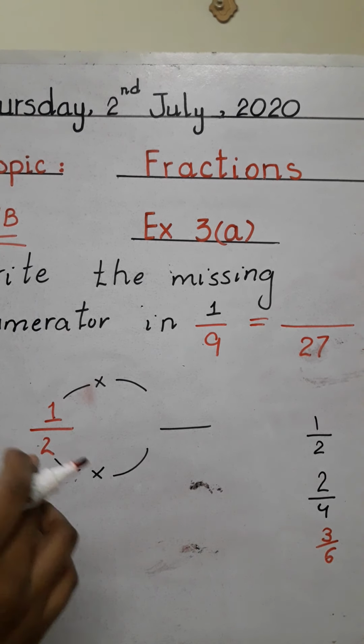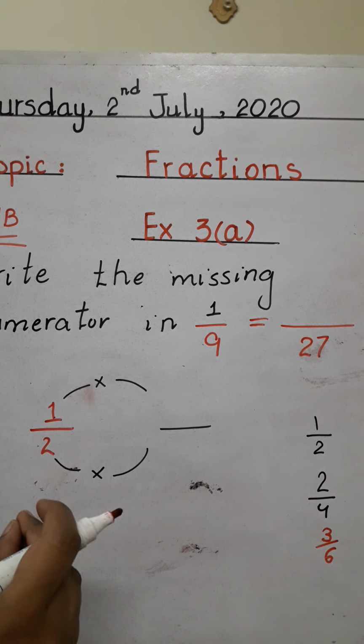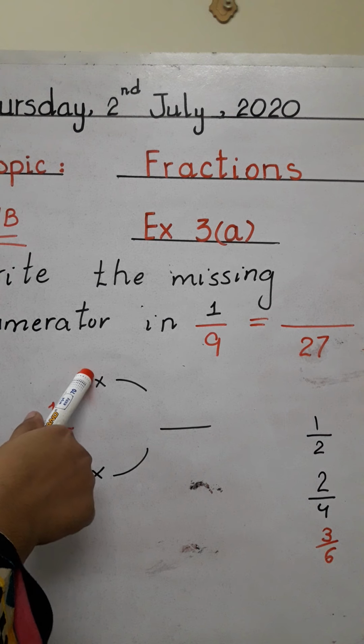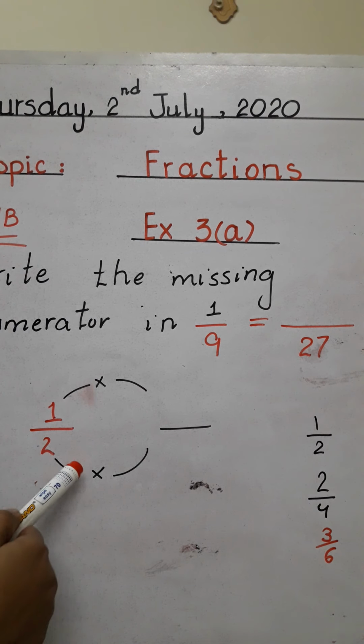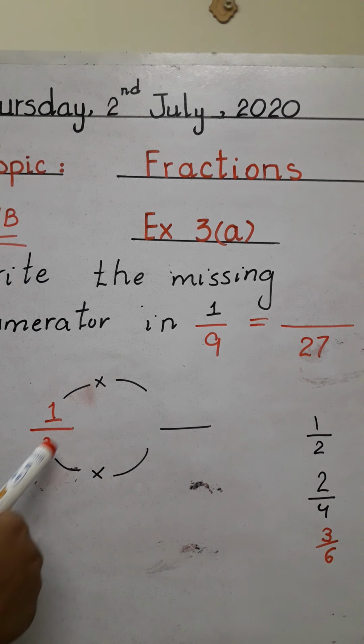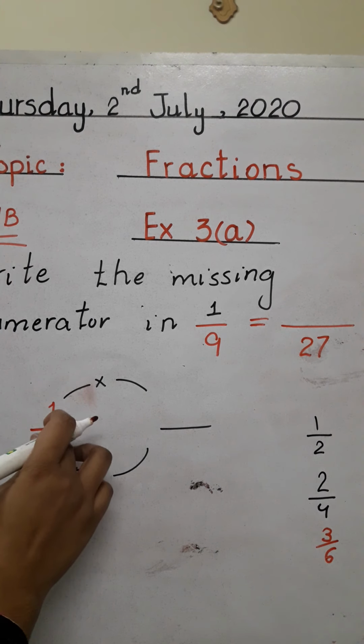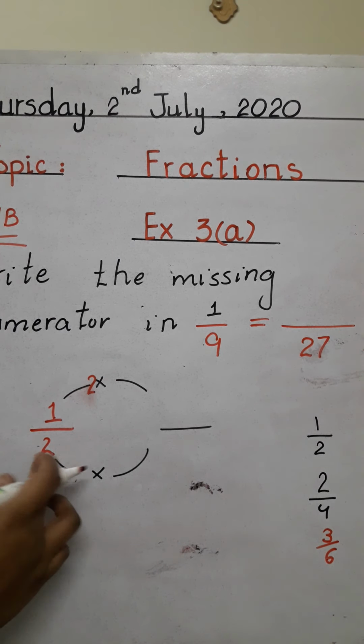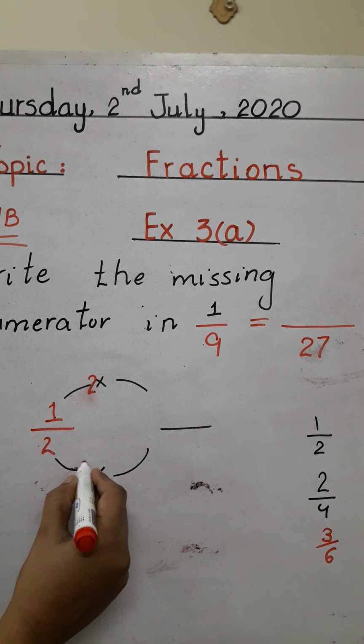Here in this fraction, you can say whatever I do to the top number, I have to do to the bottom number also. This is the top number and this is the bottom number. If I multiply 1 by 2, I will also multiply 2 by 2.